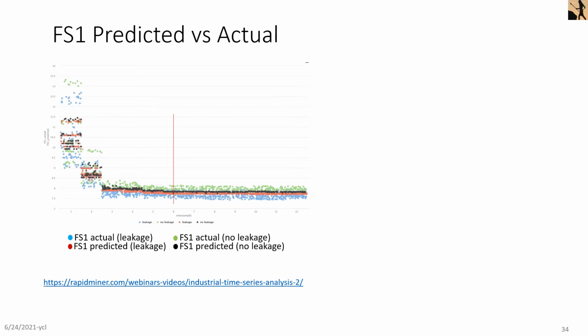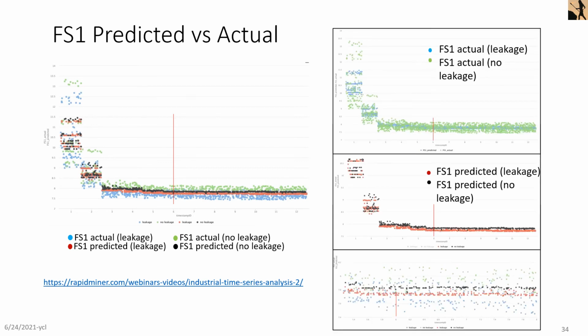Probably we can say within the whole cycle it is the 12th second. Now, if you zoom in, you can see the difference between the actual FS1 value and the predicted FS1 value. And you might say, well, it looks like indeed the predicted value is the better indicator, and it seems to be more discriminant, right?